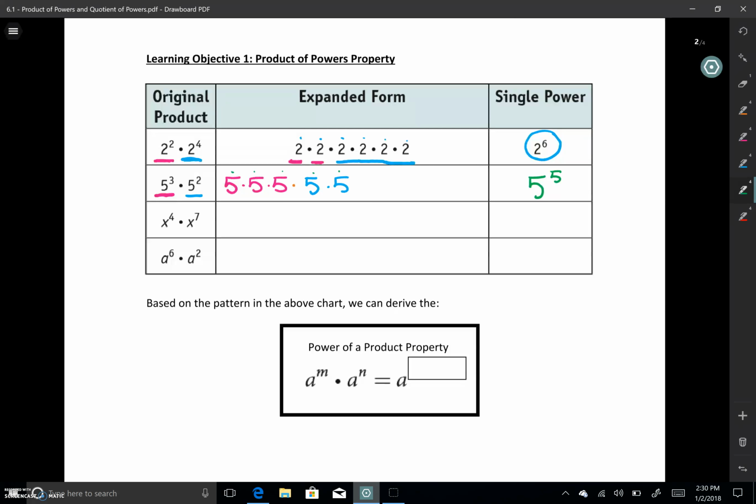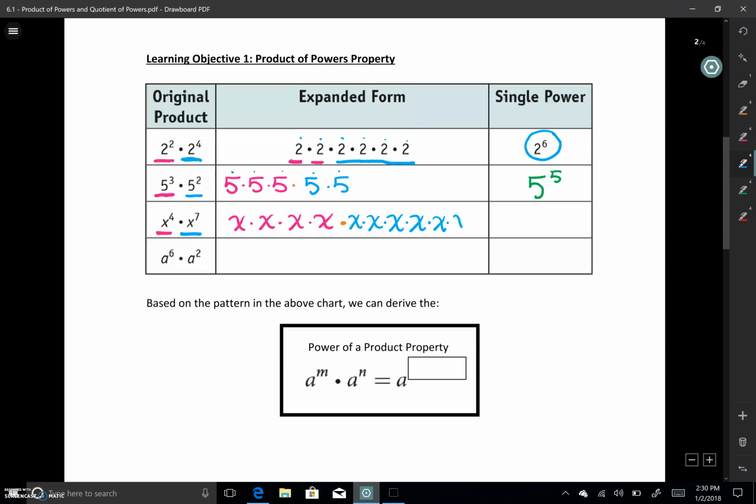All right, hopefully you are done with the 2 lines and you've unpaused the video. Working on the third line, I first have x to the 4th, so that's x times x times x times x. And I am multiplying that by x to the 7th. So that's x times x times x times x times x times x times x. If I count up all my x's, I will find that I have x to the 11th power.